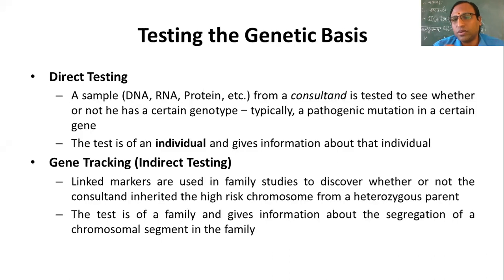So the test is of an individual and gives information about the individual only, not from any other source. They will analyze the sample and say that at this particular position some mutation is there, and there are chances that it can cause the particular syndrome in the future.